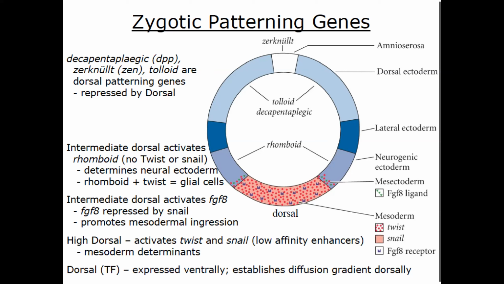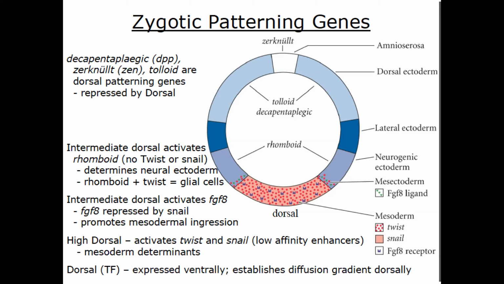And as they are separated or maintained, the other way that asymmetry can be generated is by the utilization of the concept of gradients, gradients of transcription factors or gradients of ligands. The gradient of transcription factor here refers to dorsal.